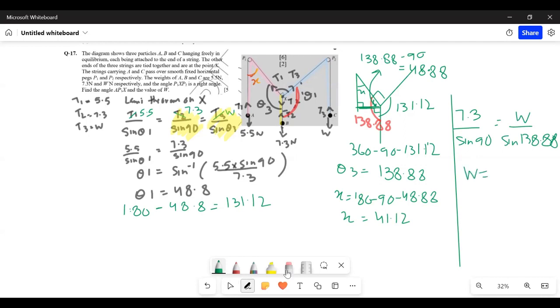This should give you the value of W। 4.8. ठीक है, 4.8 न्यूटन is the answer. चलो. That is enough practice of connected particles.